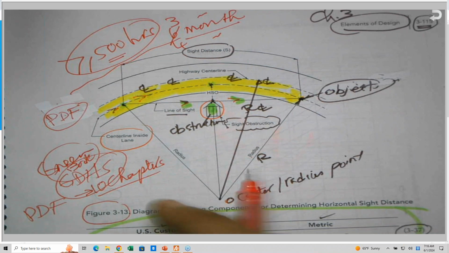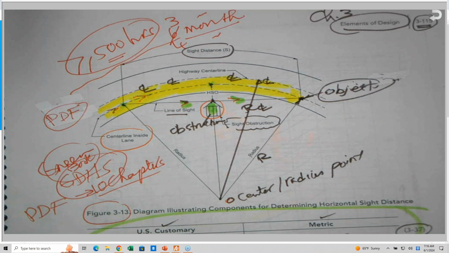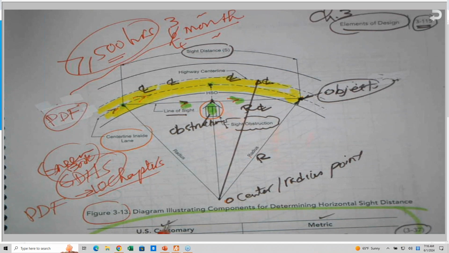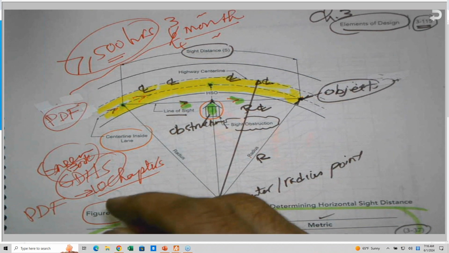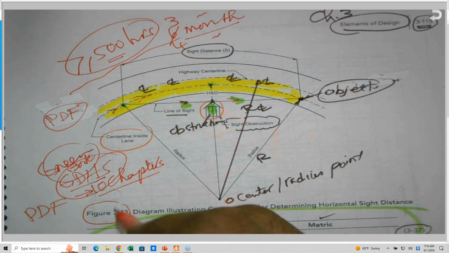I told him they didn't give you the entire book. He told me no, and this is what I was told yesterday. So if you don't know the chapter, first of all, you need to know which reference, Geometric Design of Highways and Streets, and after that I need to go to chapter 3.